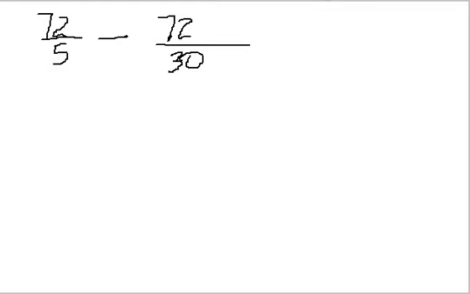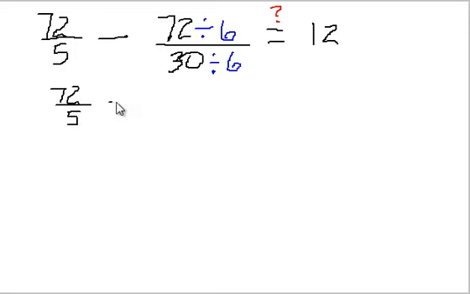And I'm going to do that by dividing the numerator and the denominator of this fraction by 6. So you can either multiply or divide both the numerator and denominator by the same number, and you don't change the value of a fraction. So I now have 72 over 5 minus 12 over 5.